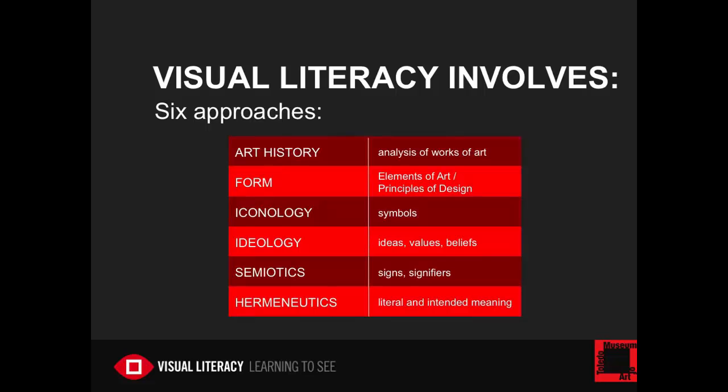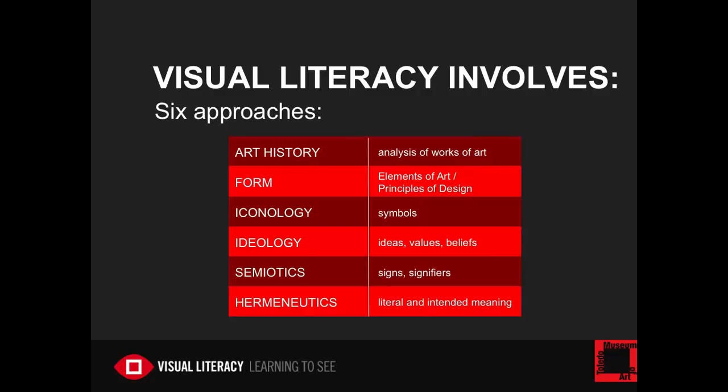There are lots of different approaches we can have to being visually literate. In art museums, we can study art history. We can analyse works of art over time. We can also use the formal approaches that we've talked about in terms of the elements of art and the principles of design. But we can also study iconology, symbols and what they mean, or ideology, when images give you different aspects of beliefs, values, or of ideas.